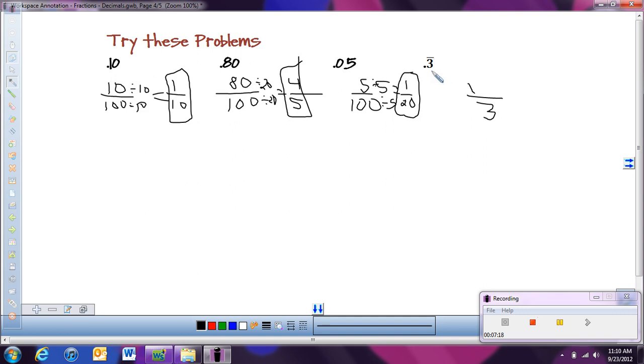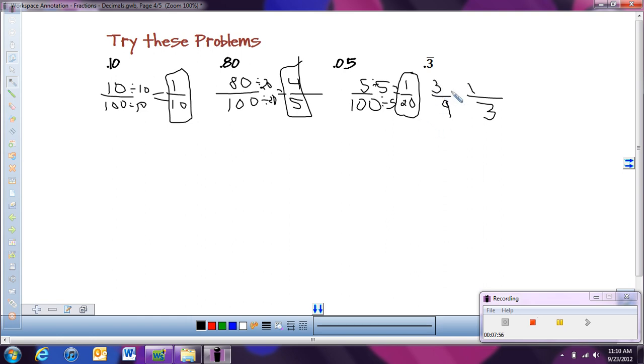Any number that has one digit that's repeating over and over again, so like 0.1 repeated, 0.2, 0.3, 0.4, 0.5, 6, 7, 8, 0.9 repeated over and over again, is going to be a fraction over 9. And it's whatever the number is repeated that's going to be on the top. So 0.3 repeating is 3/9. So that's just one you kind of have to know.